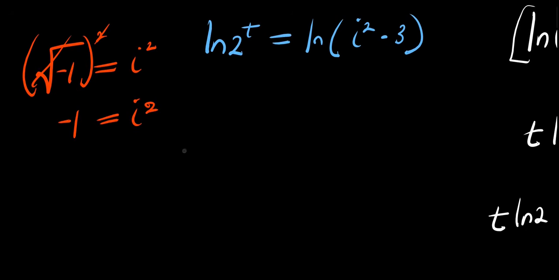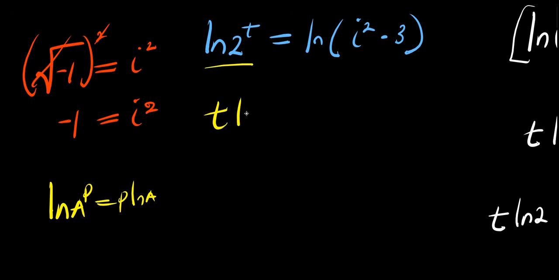So let's consider this. If you have natural log of a power b equals b times natural log of a, I'll apply that here. I have t times natural log of 2 equals natural log of i power 2 times 3.